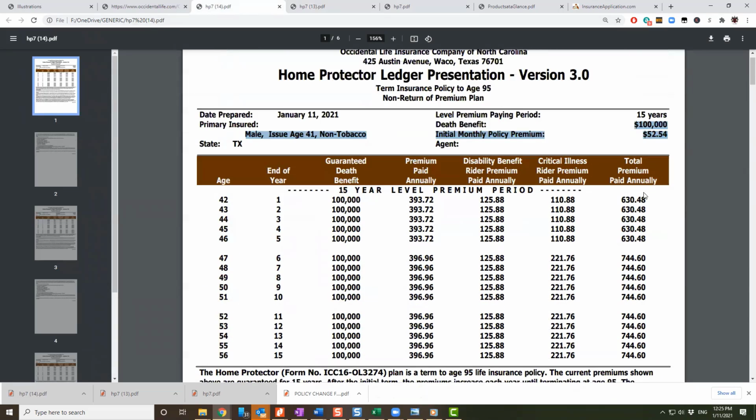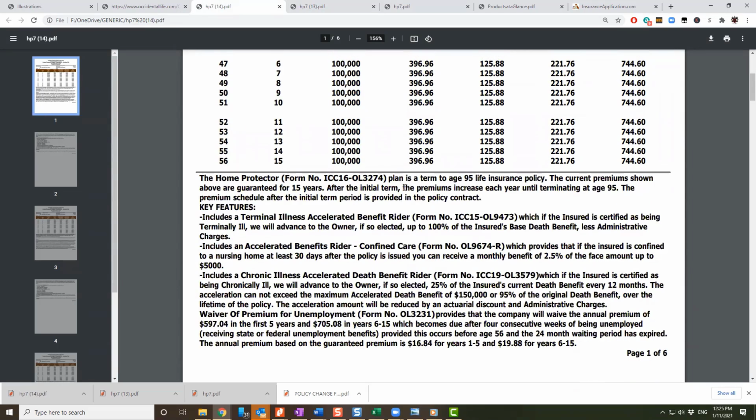Let's look at the benefits that we added. 15-year, 100,000, $52.54. But now what do we include? Well, the plan is still to age 95, still has terminal illness, still has confined care, still has chronic illness. But now we added unemployment.